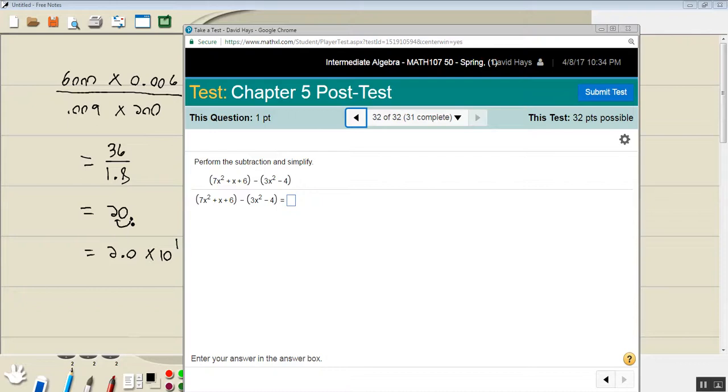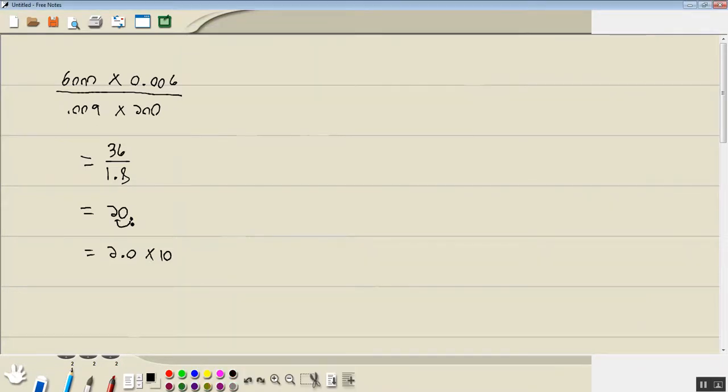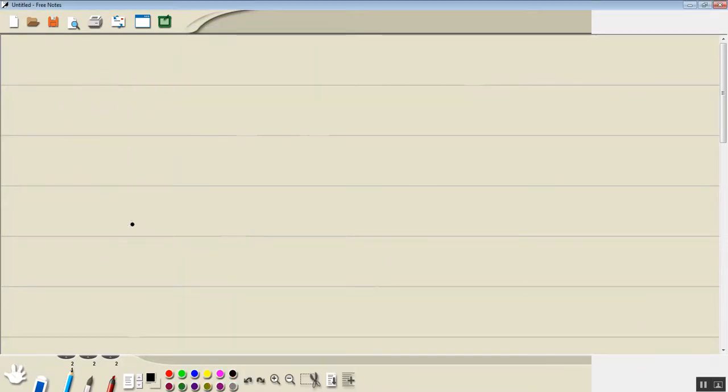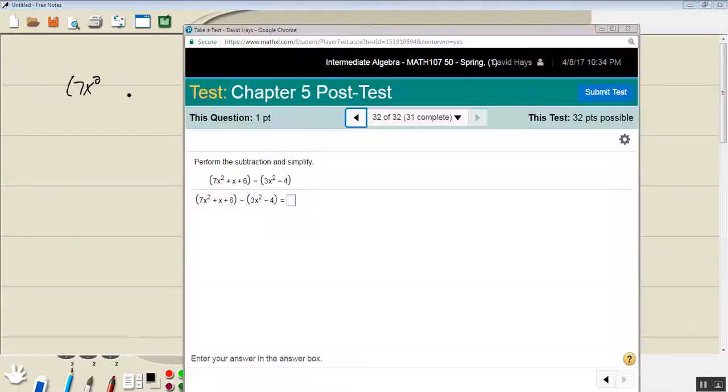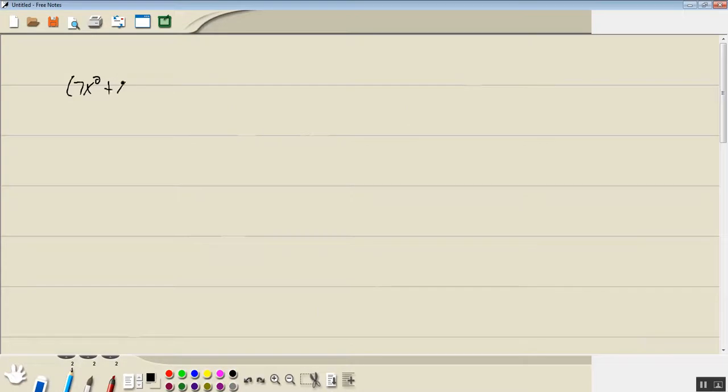And last problem, subtraction. So I got 7x squared plus x plus 6 minus 3x squared minus 4. Now, this first set of parentheses isn't doing anything, so I can drop it. Now, remember, if you have a negative in front of your parentheses, this flips the sign of everything inside.